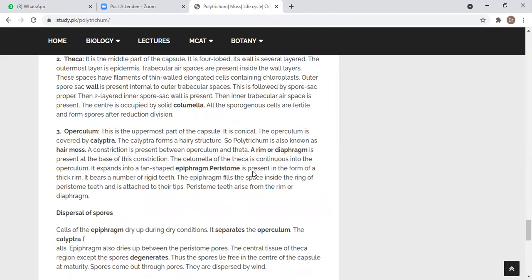So these peristomial teeth help in proper fixing of the lid or this operculum to the theca, just like how we fix a lid to a jug. In the same way, this peristomial teeth will help in proper fixing of the operculum to the theca region.